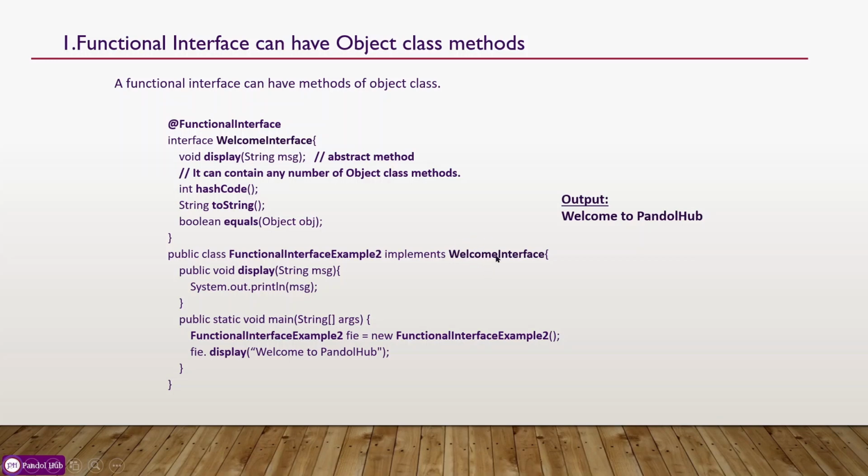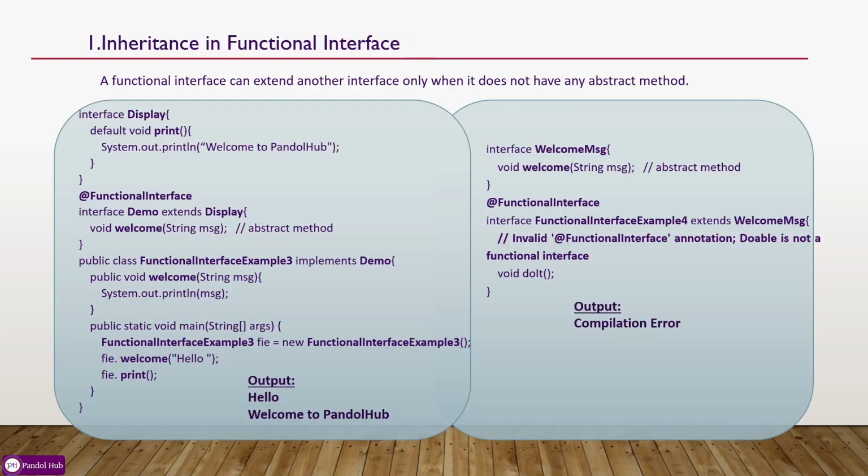So the abstract method available in this parent functional interface is going to become a part of this child functional interface. In that case, the child functional interface is going to contain two abstract methods, which will break the concept that it should have only one abstract method.